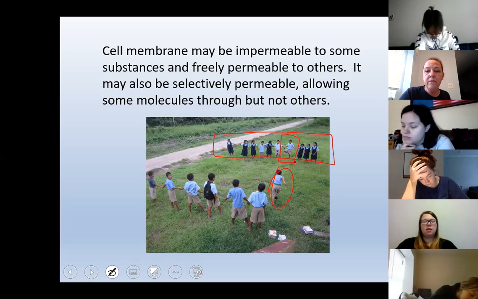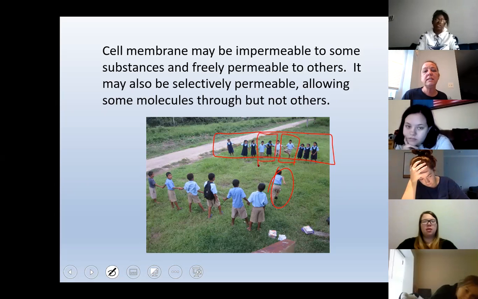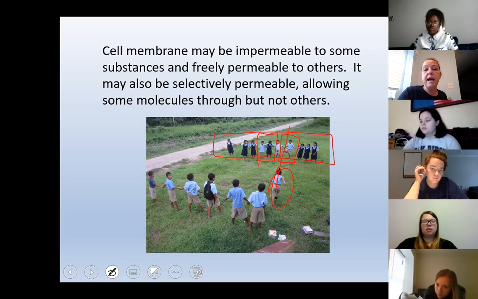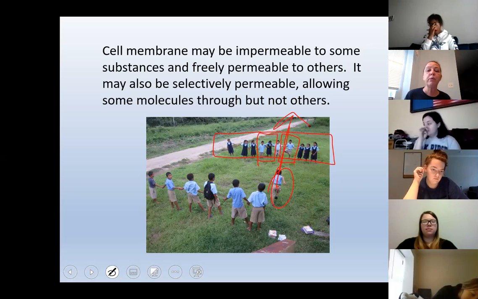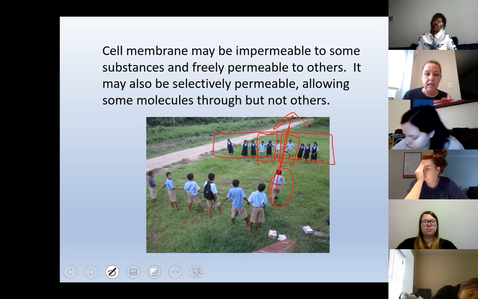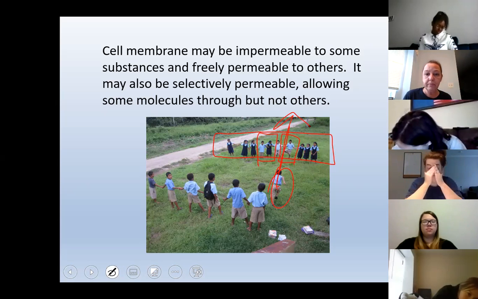He's not ready. This little girl, on the other hand, is taking this very seriously. She's got herself muscled up. This guy's going to go right here, and he's going to pass very easily through. That would be an example of freely permeable. There was no resistance at all to this molecule entering the cell membrane.